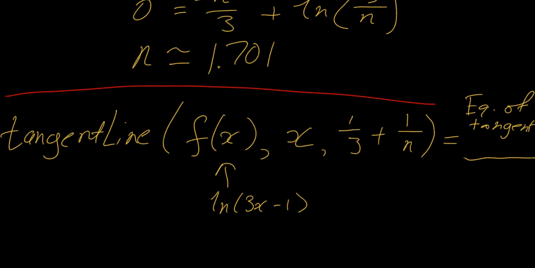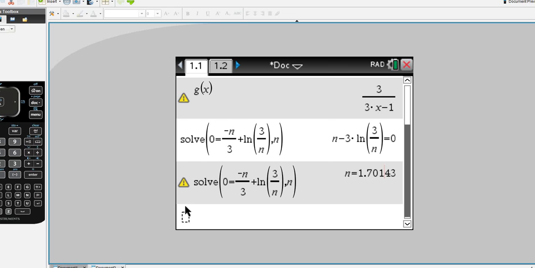Working backwards, this rule of your tangent has to be nx minus 1. And we can ask the CAS, what possible values of n will this be true? Another way of saying that in CAS language is using the solve function.